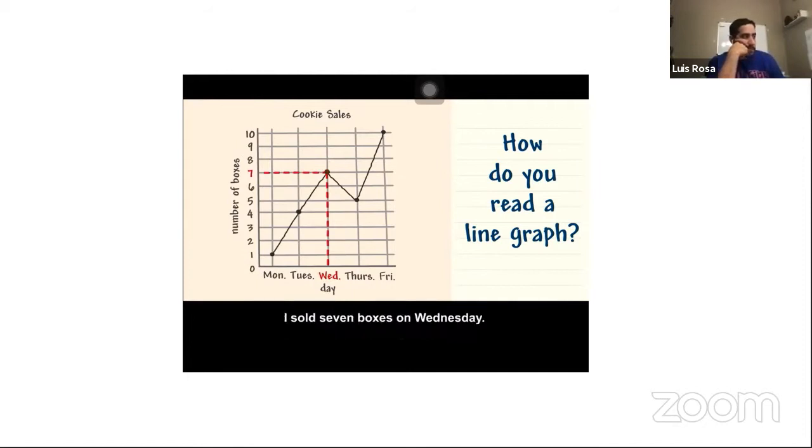I sold 7 boxes on Wednesday. How many did I sell on Thursday? I sold 5 boxes. When did I sell the most boxes? On Friday. You can tell easily because Friday's point is the highest on the line graph.